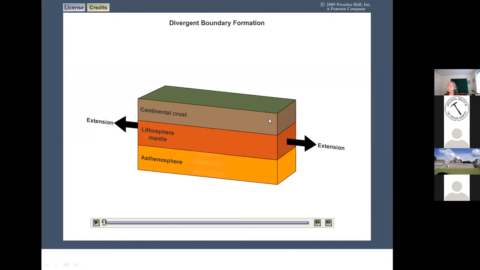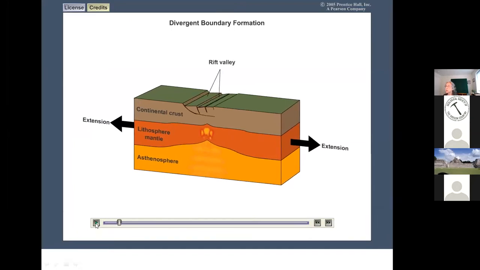Okay, so here we have continental crust, and then we have the asthenosphere underneath it, which is a semi-molten layer of rock that the tectonic plates ride on. The motion here is a stretching or extension that's pulling it apart. So let's watch what happens. And it's actually happening quickly.